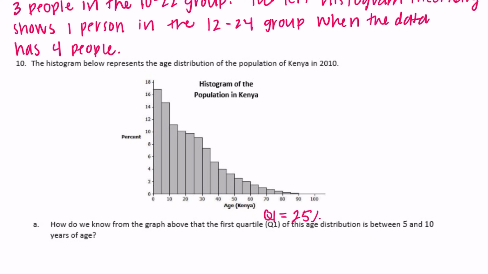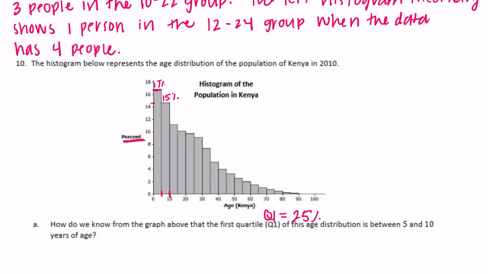So how do we know that the first quartile is between 5 and 10 years of age? So here's 5 and 10. So this is the percent. Looking at the graph, we know that 17% is in the first age range. So we're already at 17%. And then the next age range is 5 to 10, and that appears to be like 15%.